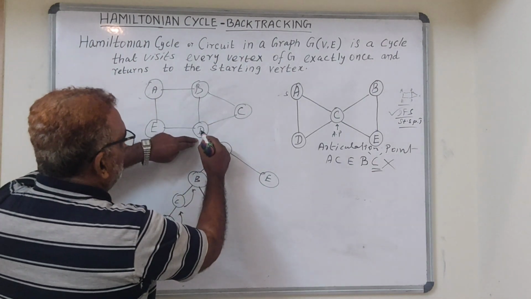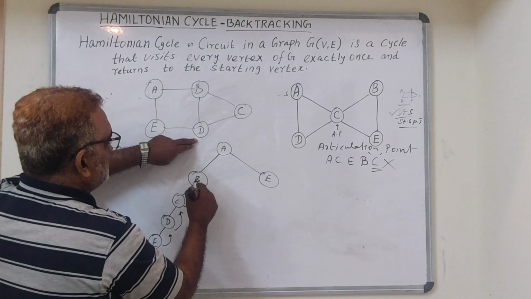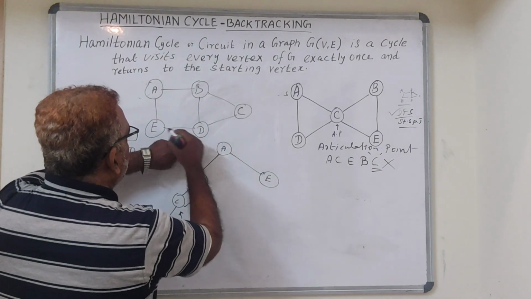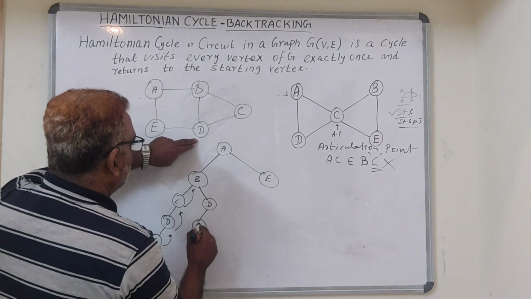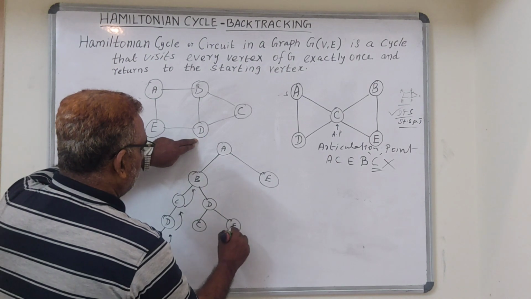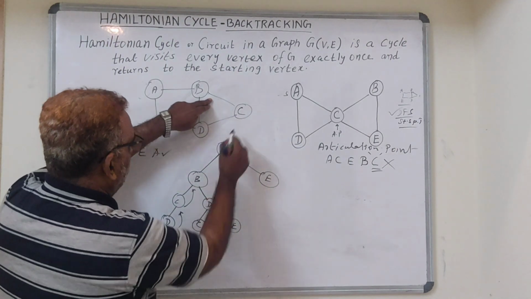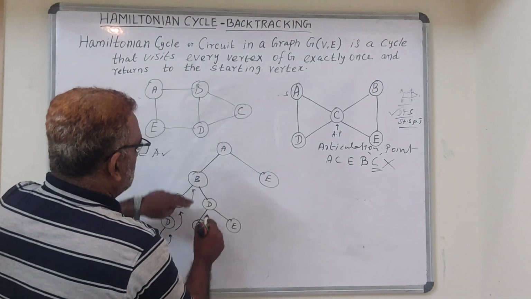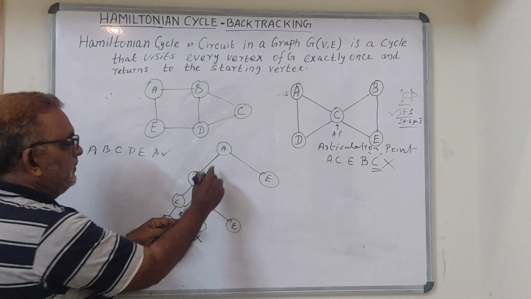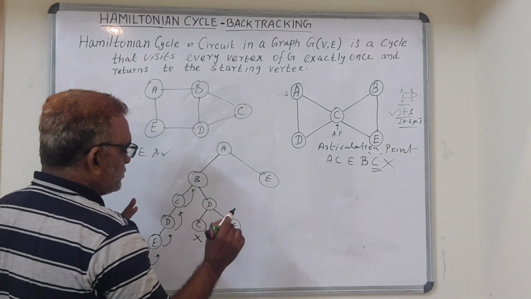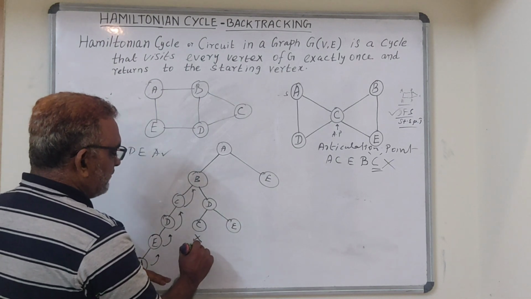From D you have C, then E, then B. B is already here, so there are two vertices you can explore, one is C and another is E. Now proceed from C. From C you have B and D. Both B and D are already present in the path, so we cannot proceed. There is no possibility of getting the Hamiltonian cycle here, so this branch is terminated.